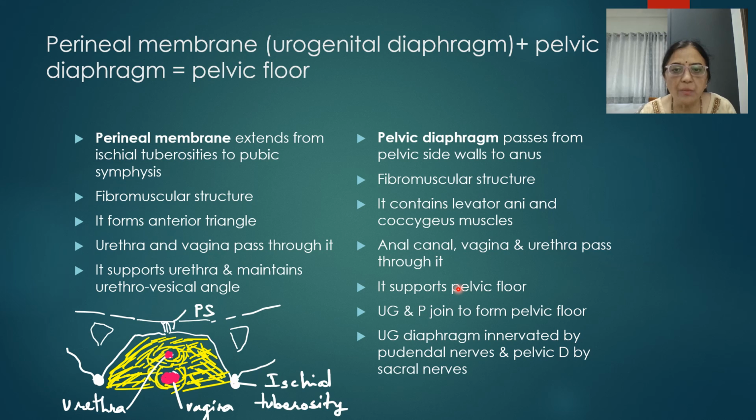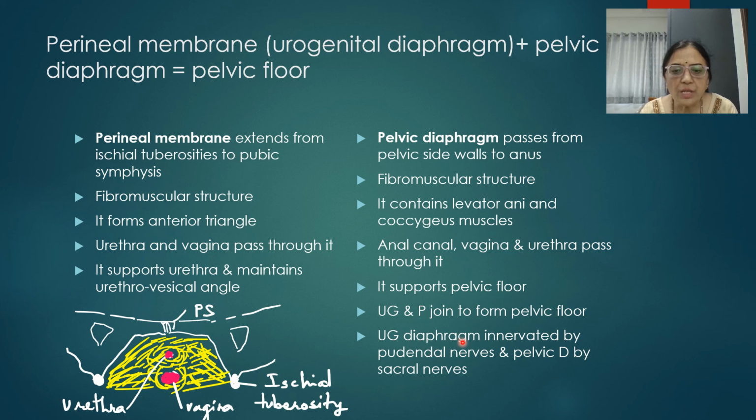This pelvic diaphragm is formed by levator ani muscles and coccygeus muscle, along with the fascia superior and inferior to it. This urogenital diaphragm or perineal membrane and this pelvic diaphragm both join to form the pelvic floor. These are joined together at the perineal body. The pelvic diaphragm and the perineal membrane are fused with each other at the perineal body, and together they form the pelvic floor.